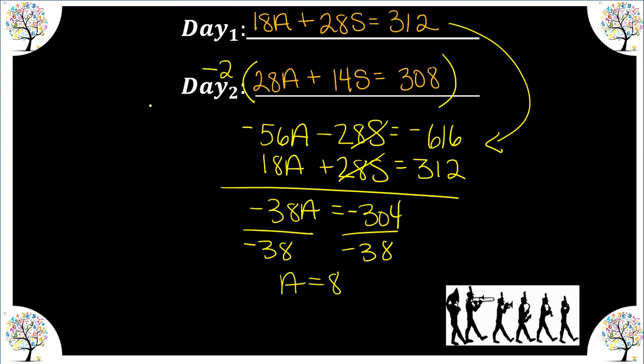Now let's just plug that into our first equation to see what a student ticket costs. So A is 8. And then we'll multiply 18 times 8, and that's going to give us, double check that, 144.